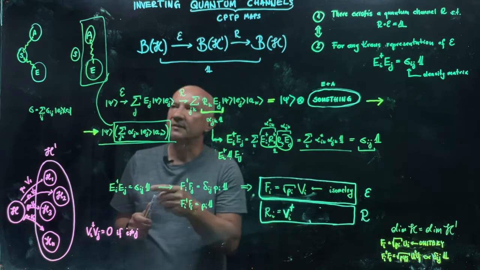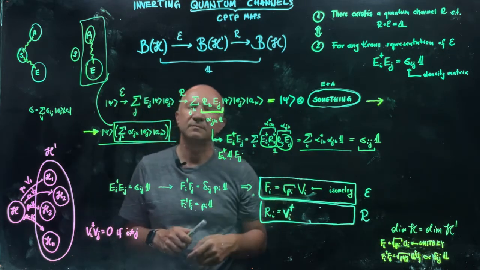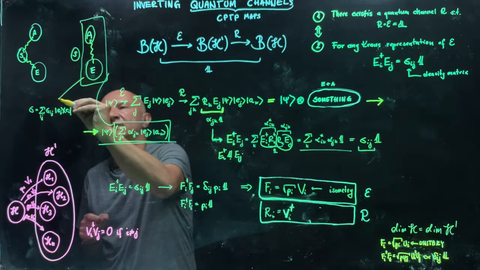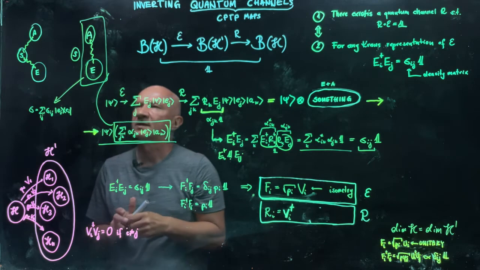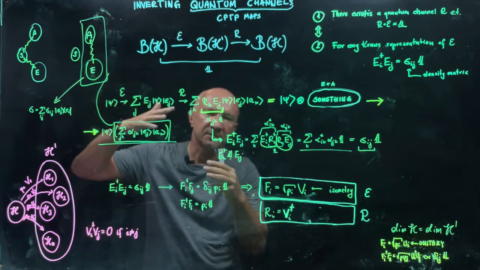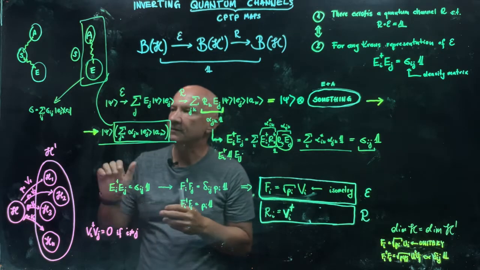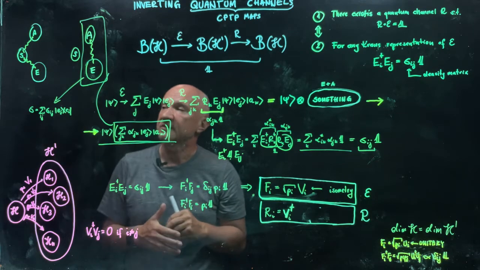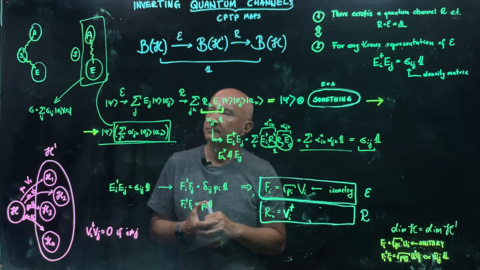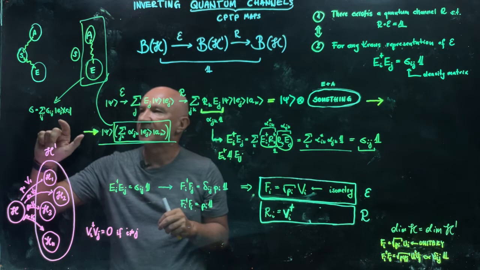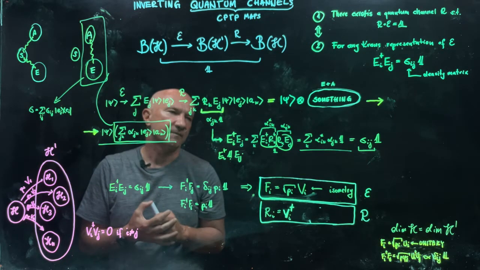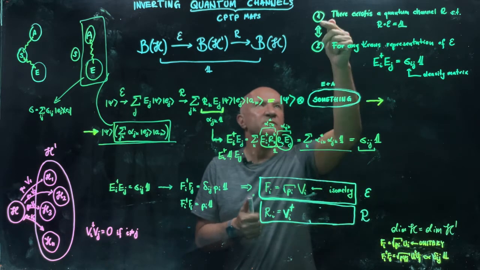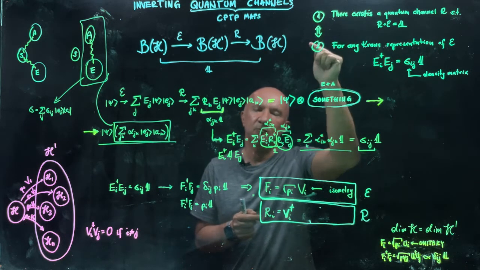If you do the calculations, you can see easily that the reduced density operator pertaining to the environment has matrix elements in the basis Ei, matrix element sigma ij. So this is just a density matrix. So we managed to prove at this point that 1 implies 2.